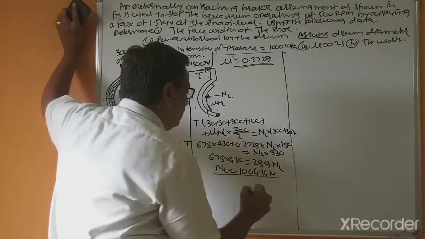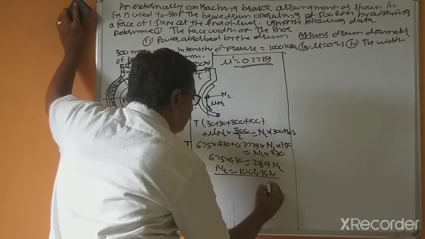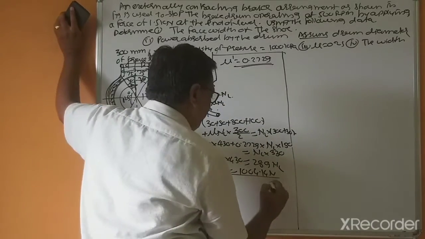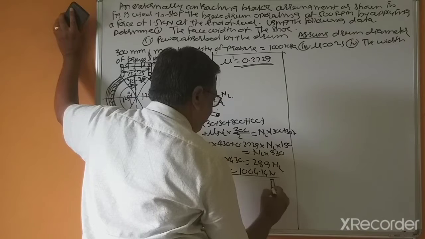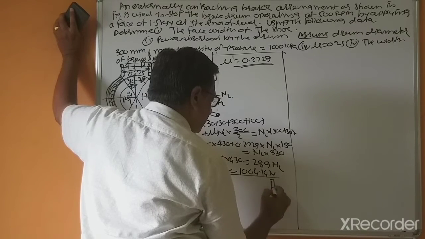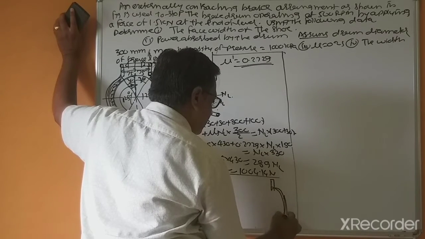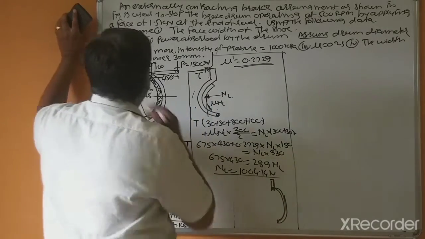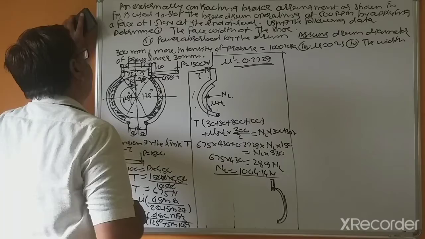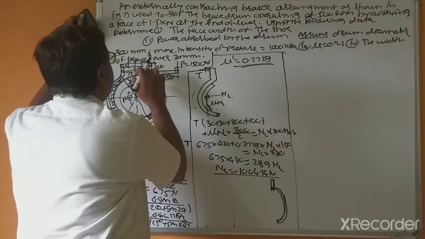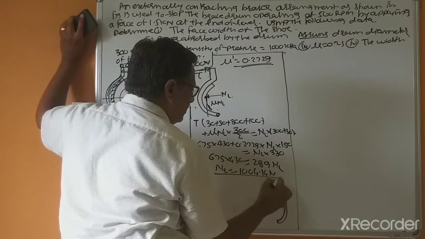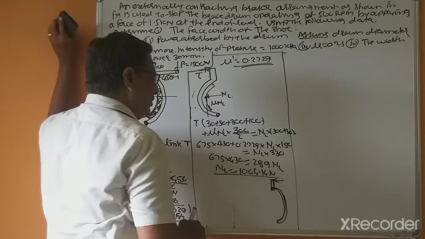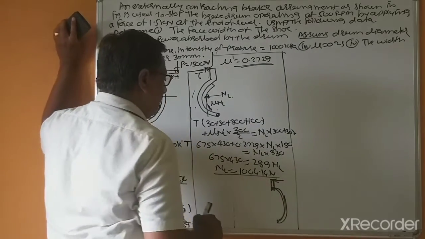Similarly, we have to draw the figures. So actually this is half, and up to that, but this also, so this end is the pivoted end and that force is acting, so that's why we have to consider here, and this is actually equal and opposite.